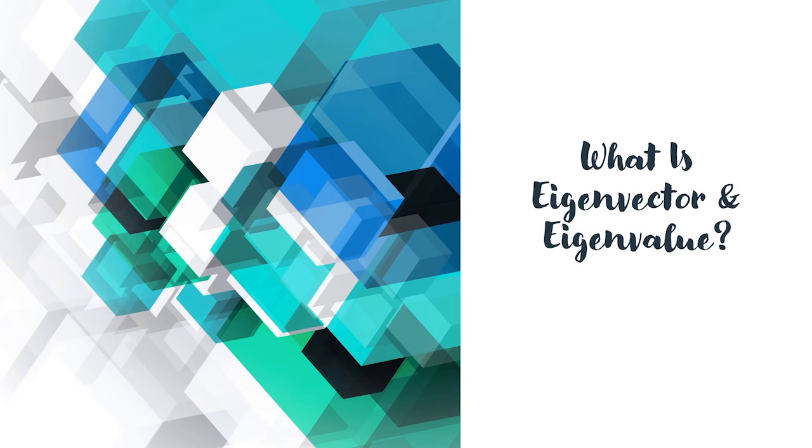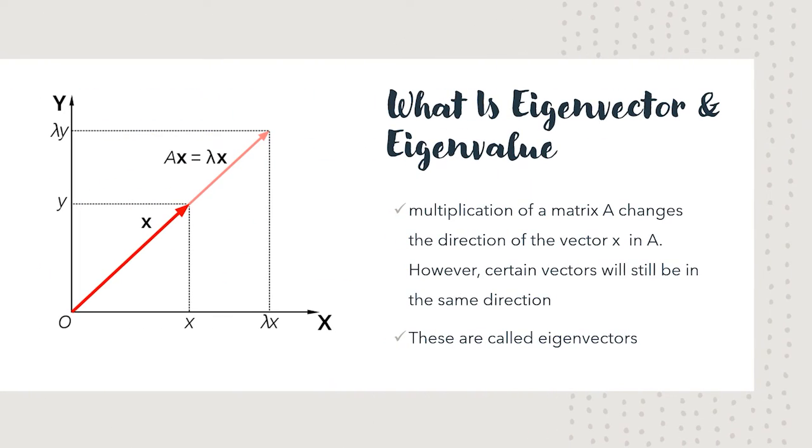Now, let's find out first what eigenvector and eigenvalue are. Generally, multiplication of a matrix A changes the direction of the vector x. However, certain vectors will still be in the same direction. These are called eigenvectors.